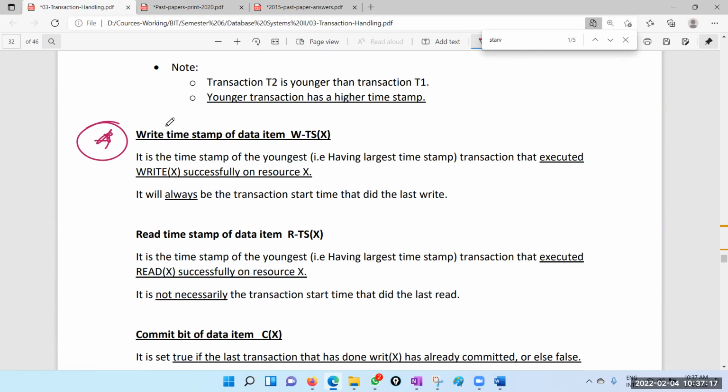So what is meant by write timestamp of a data item? It is the timestamp of the youngest transaction that has executed a write operation successfully on that resource. It is not the last time this record is written.